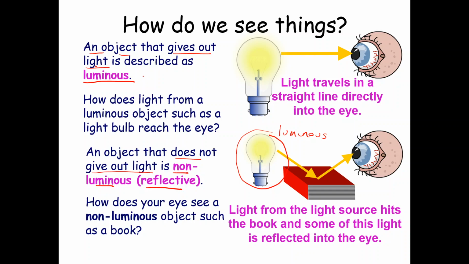We have a luminous object which will give out light, and that light will go directly into our eye, travelling in a straight line. And then we have a non-luminous object, okay, so like the book here. So we have our non-luminous object, which we can see because the light bulb's light hits the object and then is reflected into our eye. And again, you'll notice that the light is travelling in a straight line. Really important to draw straight lines there.